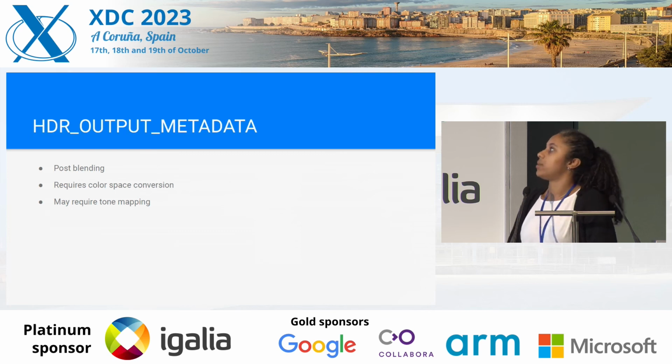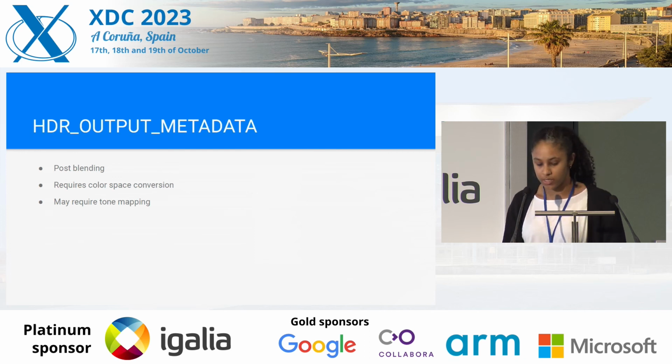One of the first steps to taking advantage of HDR10 content is to set the output metadata DRM property for the connectors, which is a post-blending property that we utilize the BT.2020 primaries to set, as well as the white point and different aspects of the luminance of the display.